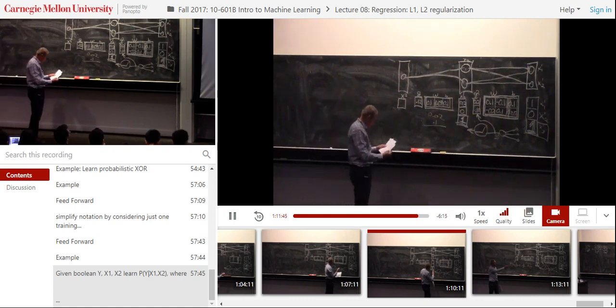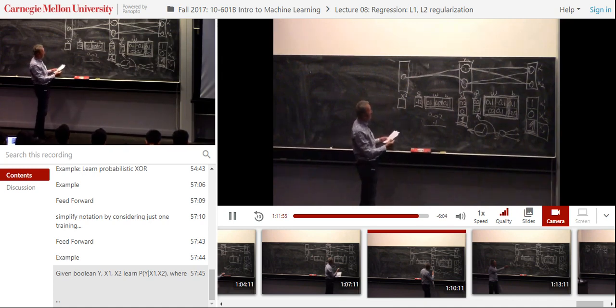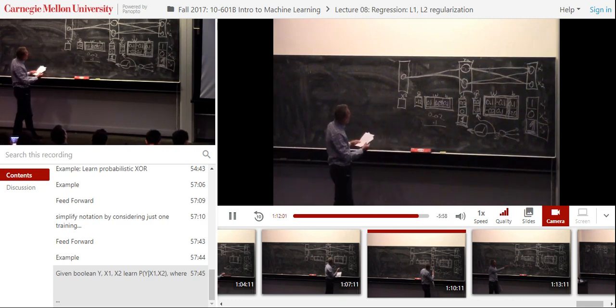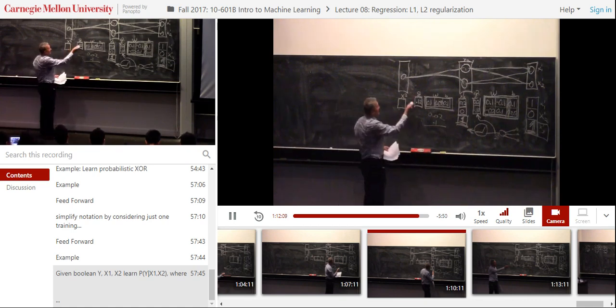Did I get that right? Yes, okay. And then x3 is now what? This takes passing it through the sigmoid, which I've done in advance. So this gives us 0.53.